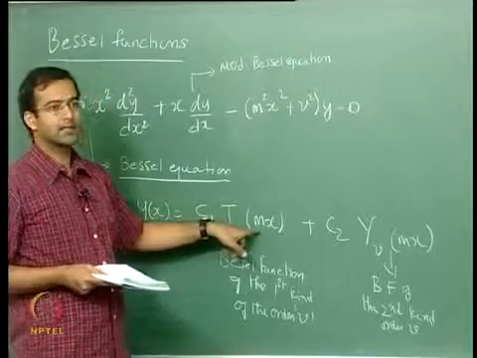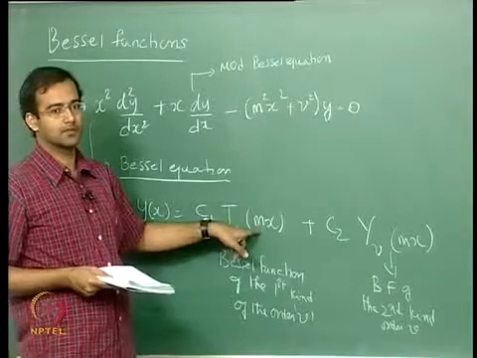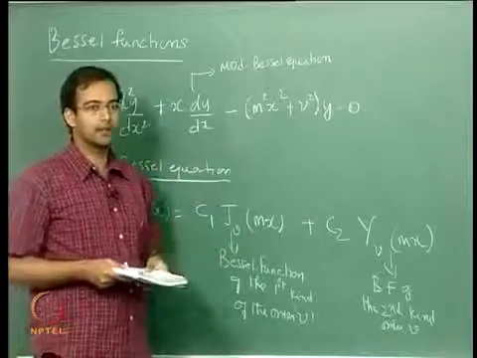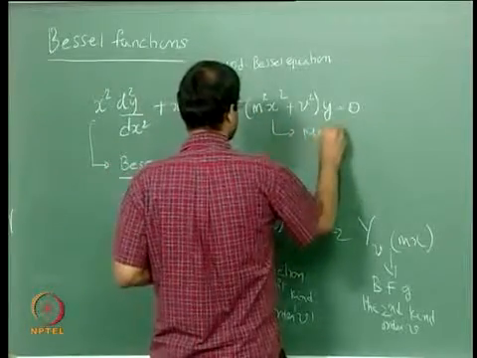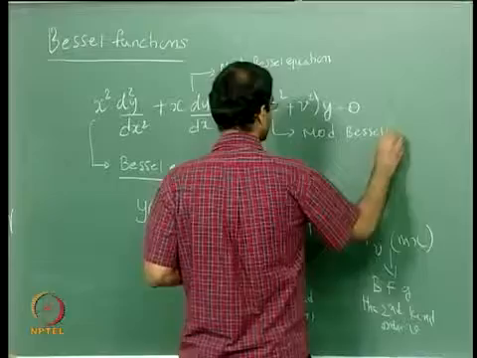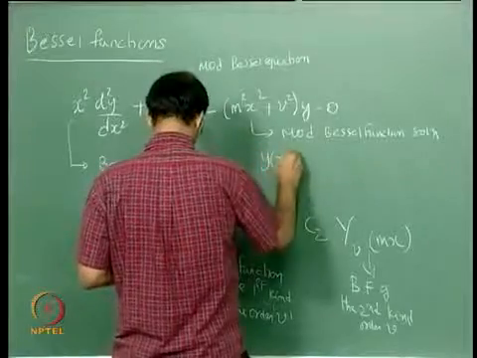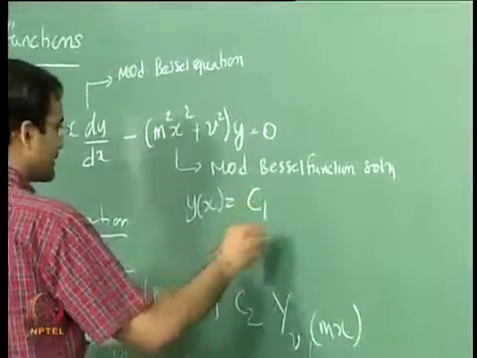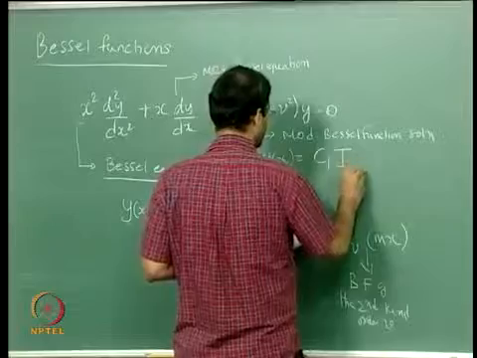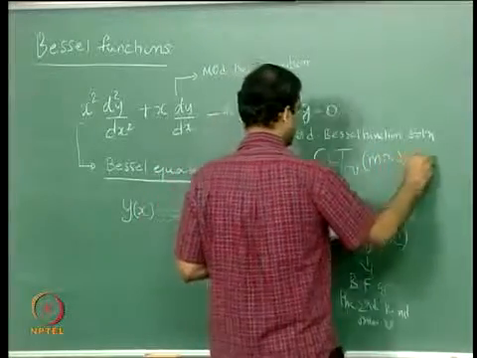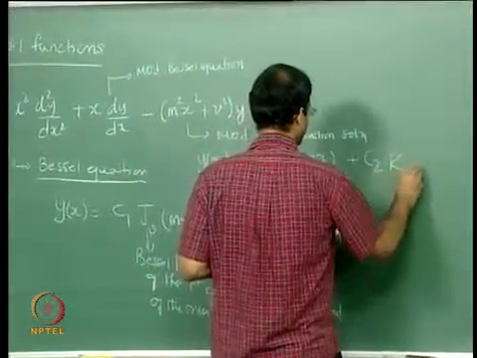So instead of writing everything in terms of imaginary functions, they have introduced what is called the modified Bessel function, which takes into account naturally the imaginary part of the coefficient. So for that you have a modified Bessel function solution, where you represent the solution as c1 times the modified Bessel function of the first kind, denoted by the capital letter I, subscript nu, I nu of mx, plus c2 times the modified Bessel function of the second kind, represented by the letter K, subscript nu, K nu of mx.